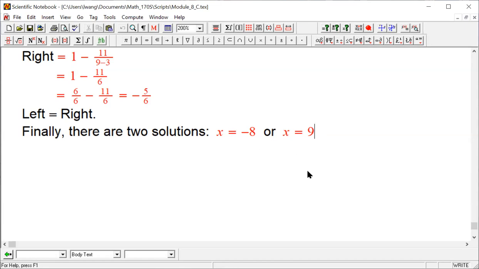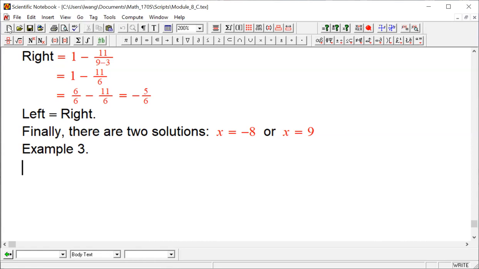And today we wish to go over another situation, which we're going to call example number 3. In this case, we're going to solve another rational equation.